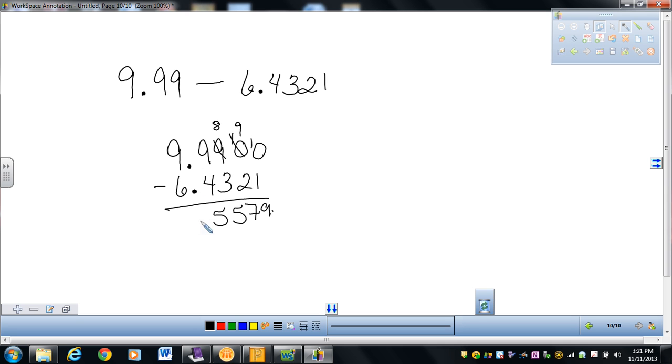Keep my decimals in the same place, so I just bring it straight down. And 9 minus 6 is 3. So my answer here is going to be 3.5579. Okay?